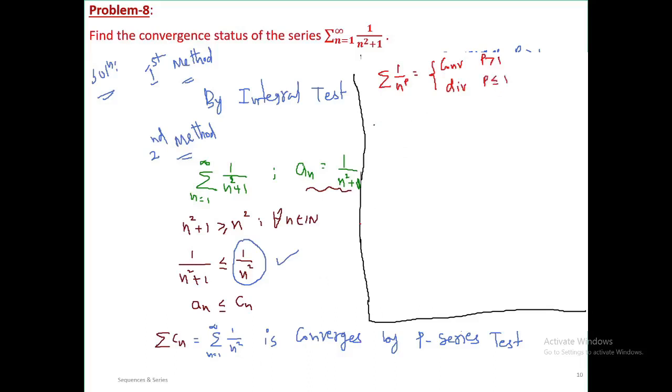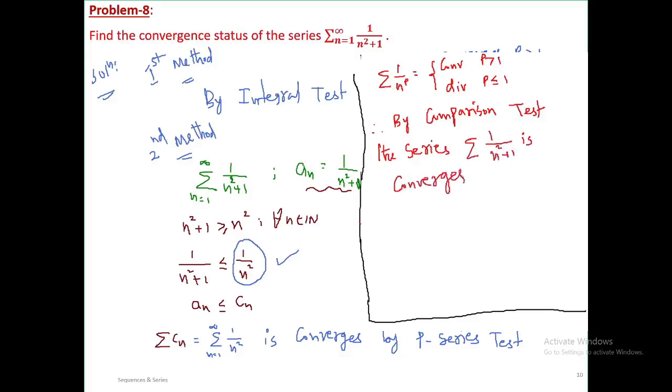So, by the comparison test, the series 1 upon n square plus 1 converges. This is by the comparison test.